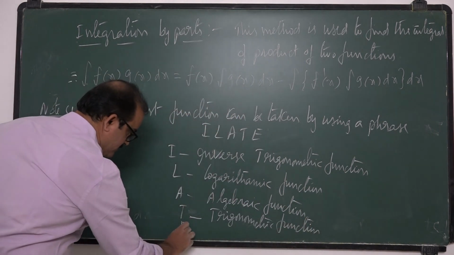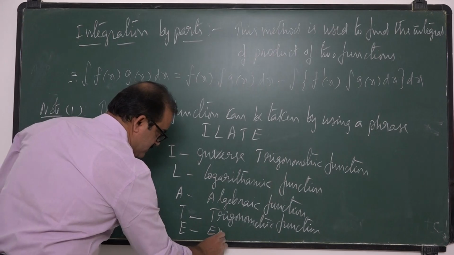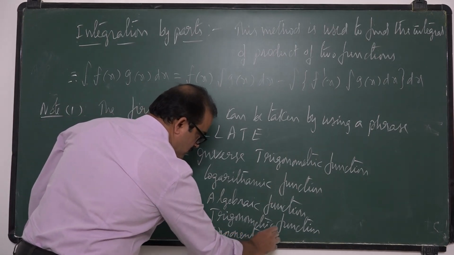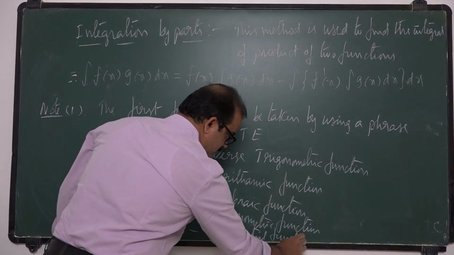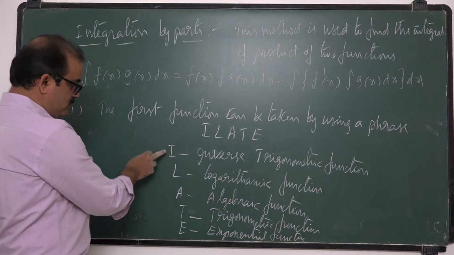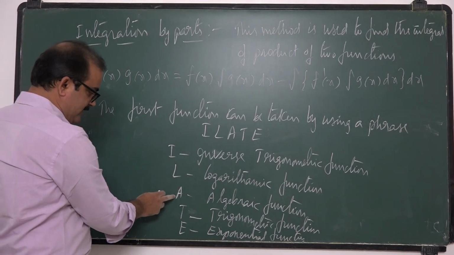E represents exponential function. Based on the first alphabet, we get ILATE.